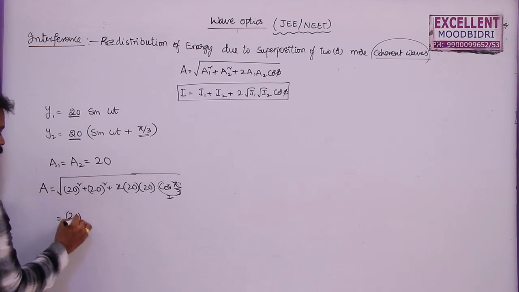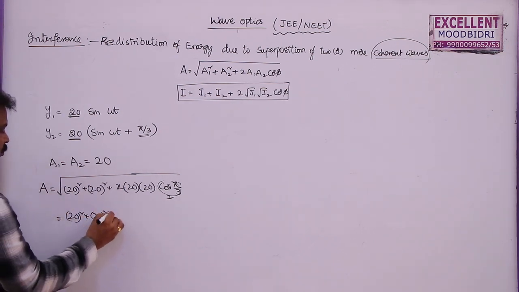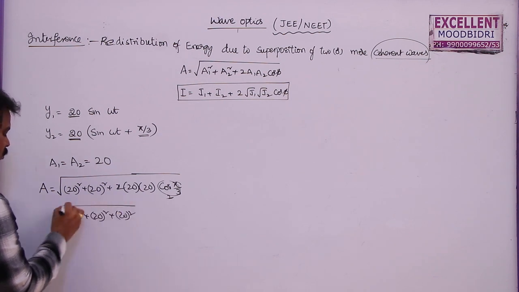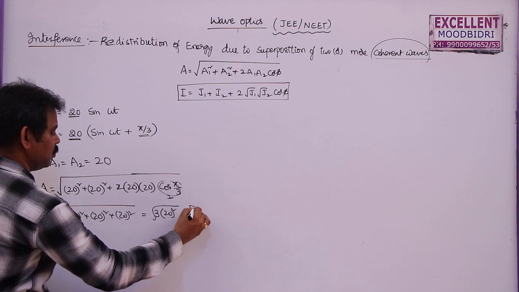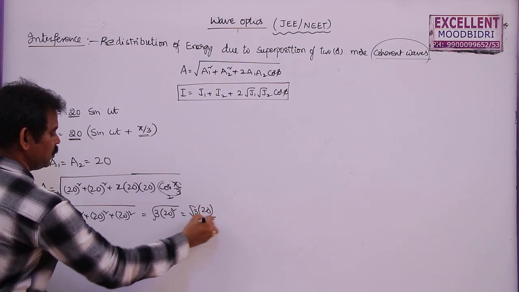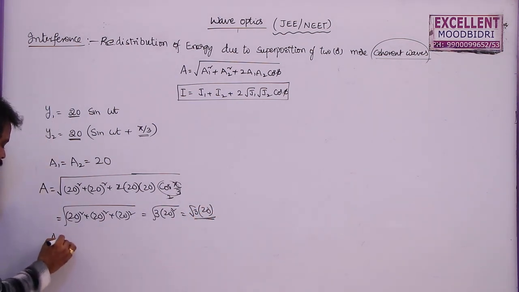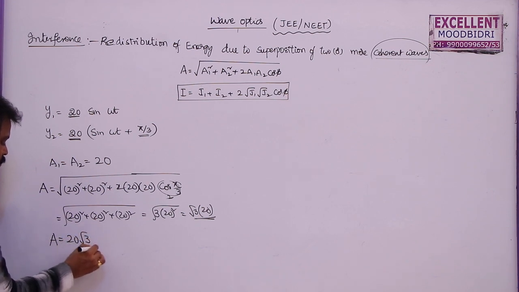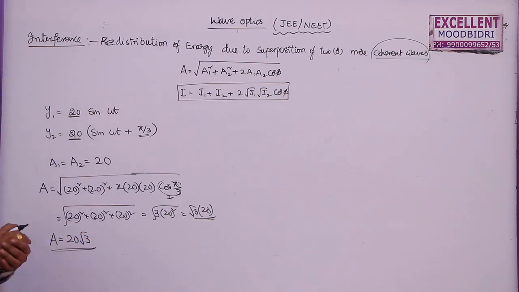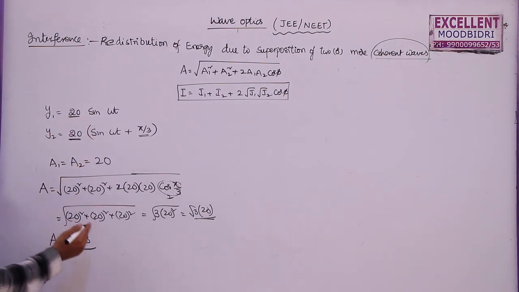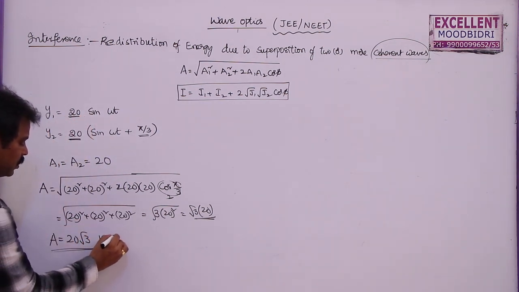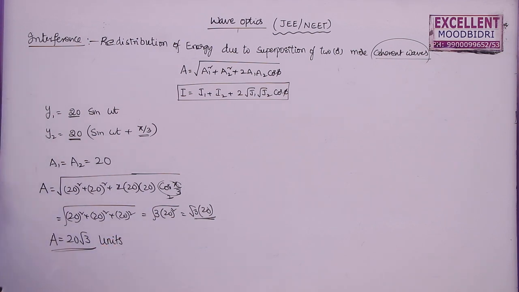This is 20 square plus 20 square plus 20 square, which is 3 into 20 square under root, so root 3 into 20. So the amplitude of the resultant wave is 20 root 3. In the problem itself they will give whether it is in centimeter, millimeter or meter. Since it is not given, the resultant amplitude is 20 root 3.